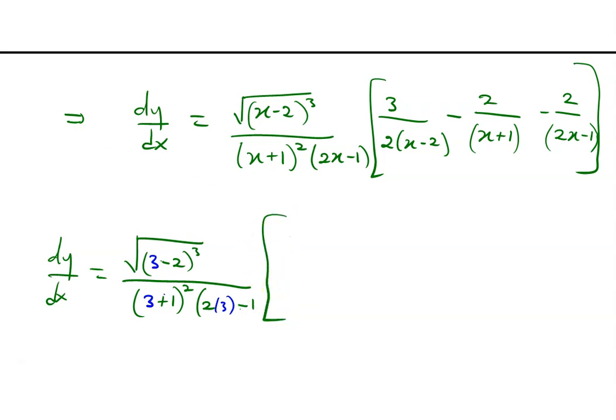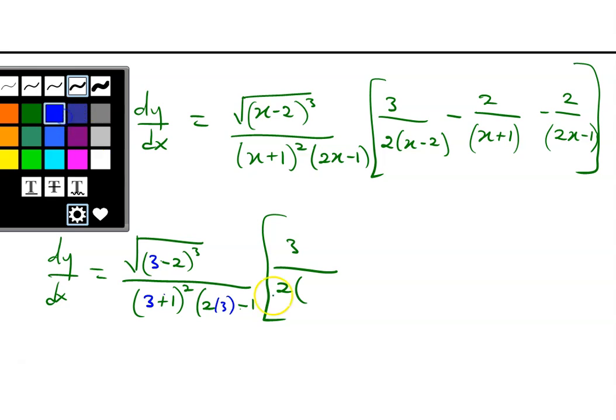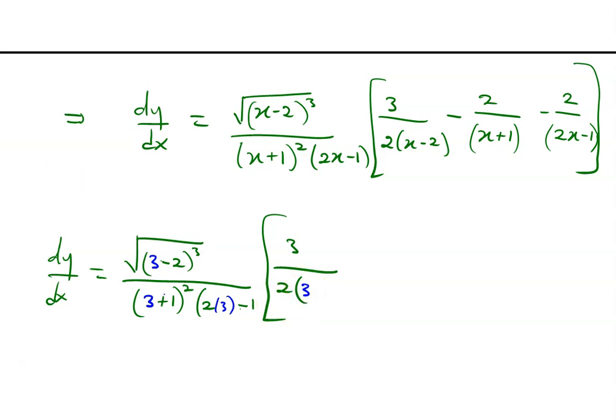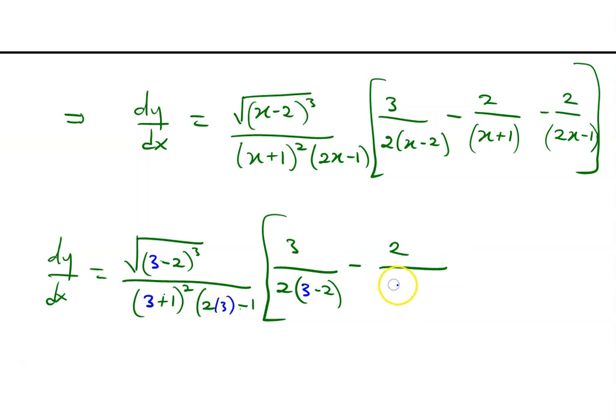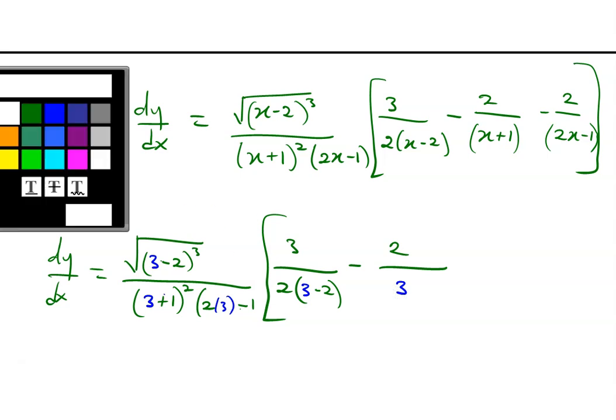Then multiplied by 3 on 2 into bracket 3 minus 2, minus 2 all on 3 plus 1, sorry.